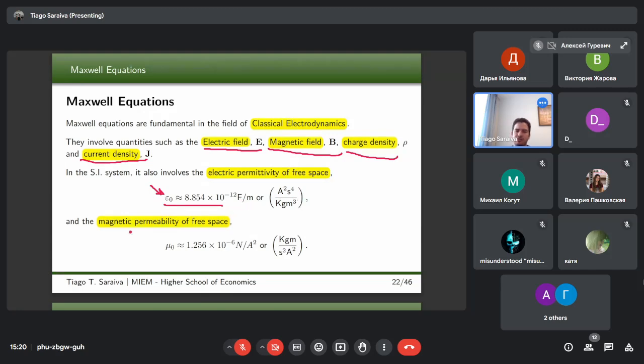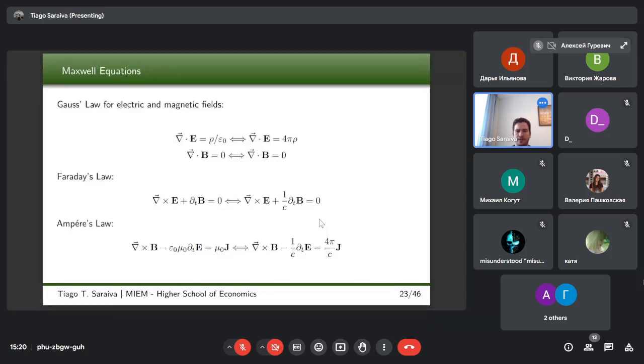There is also the magnetic permeability of free space. This is another fundamental constant that appears. It has this value, newton per ampere squared. Okay, and how they look in both systems of units. I pretty much will focus on CGS units.